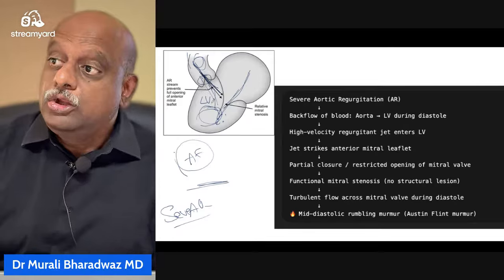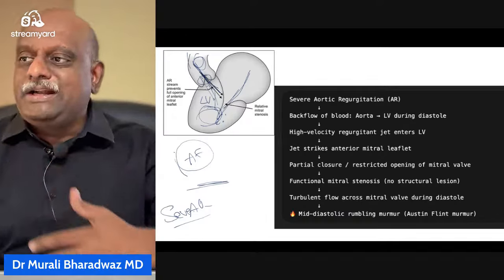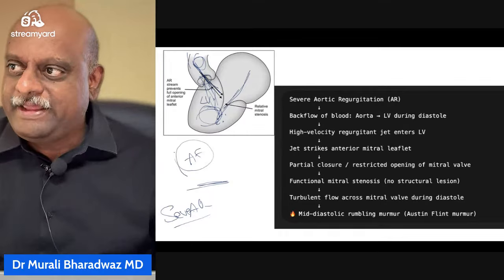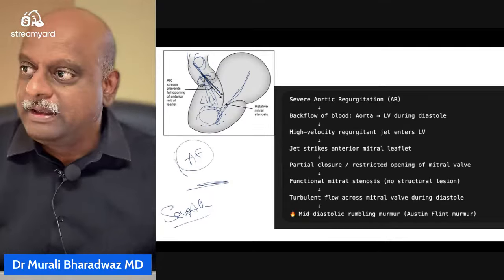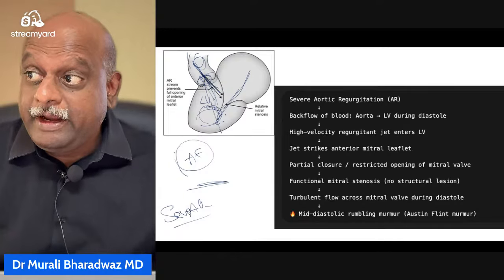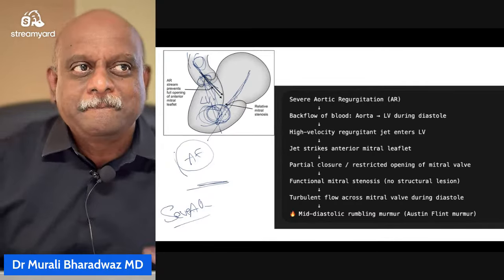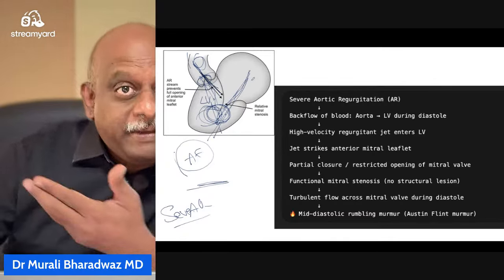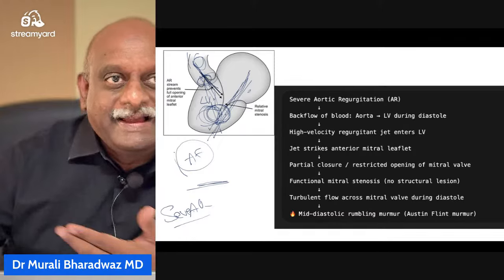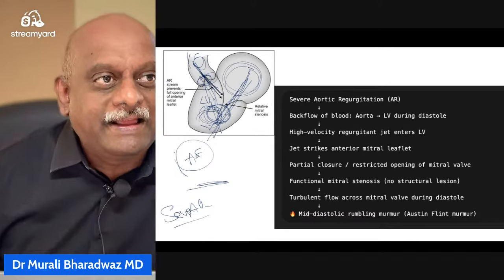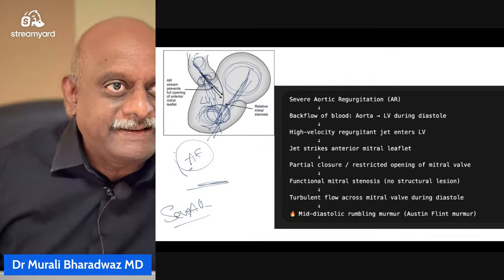Agreed? So, if this regurgitant jet is strong, when the AR is severe, then it will provide a resistance to the flow of the jet coming from the left atrium into the ventricle.